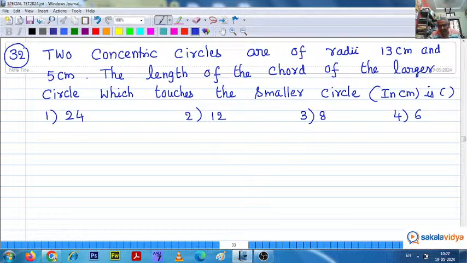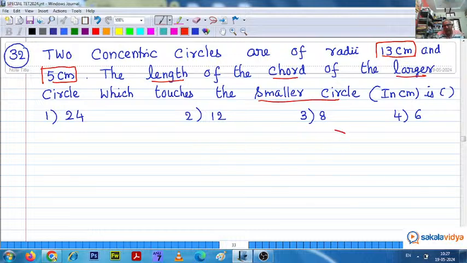This is also one of the important problems, to be discussed and kept in mind while going to any examination. Two concentric circles are of radii 13 centimeters and 5 centimeters. We need to find the length of the chord of the larger circle which is tangent to the smaller circle.